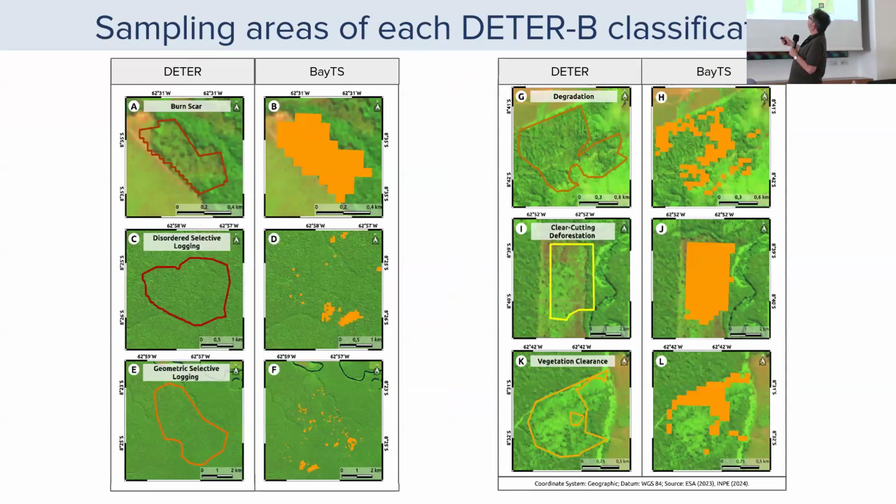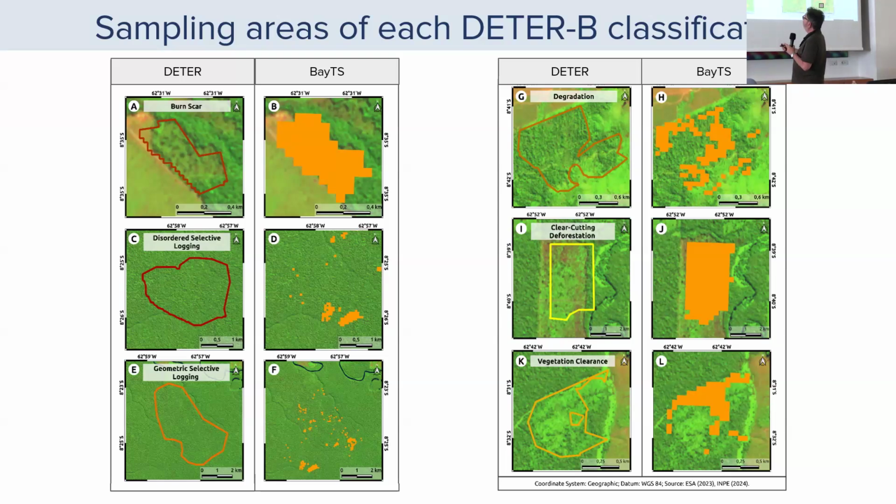Again, this is what we see. These are the responses. What we see is the combination of optical and radar using the method proposed by Heischer is usually able to get very good responses from burnt scars and from clear cuts associated with deforestation.